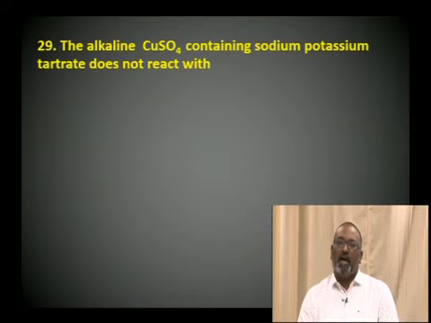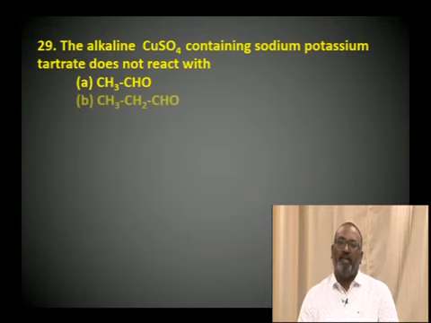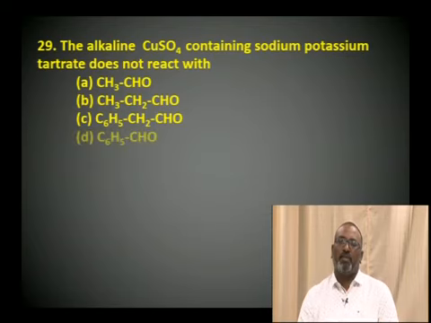In this, alkaline copper sulfate is called Fehling A, sodium potassium tartrate is called Fehling B. The mixture of Fehling A and Fehling B together is called Fehling solution. It does not react with acetaldehyde, ethanol, propanol, C6H5CH2CHO, C6H5CHO.